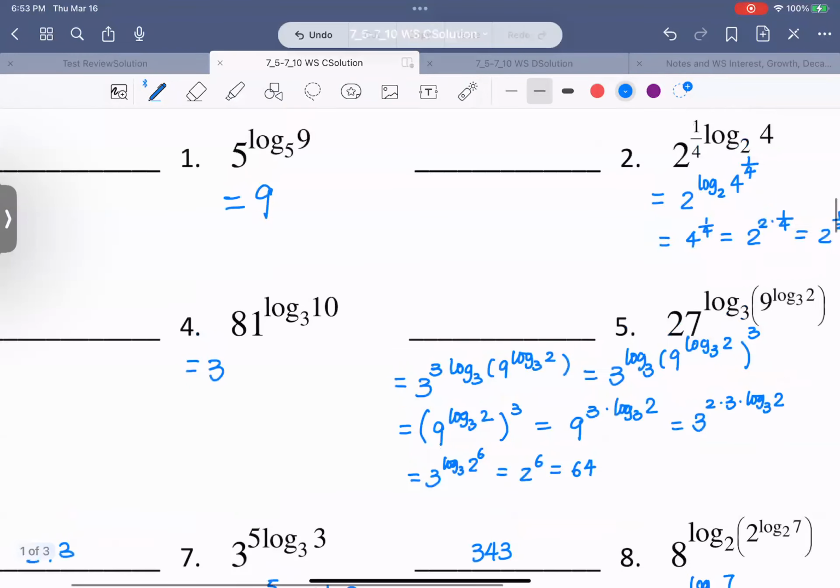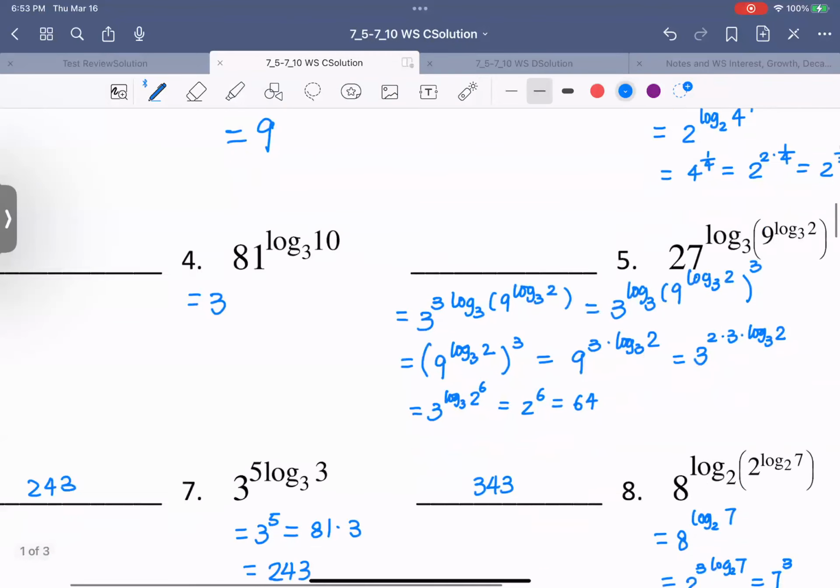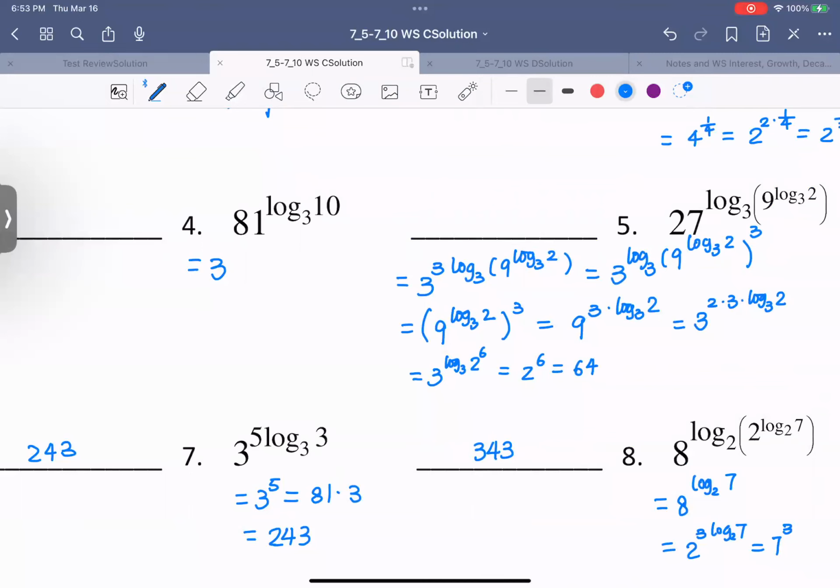No, 81 is not 3 to the power 3. 81 is 3 to the power 4, right? And then you will put this one on the shoulder, right? So this becomes 10 to the power of 4. That's it.